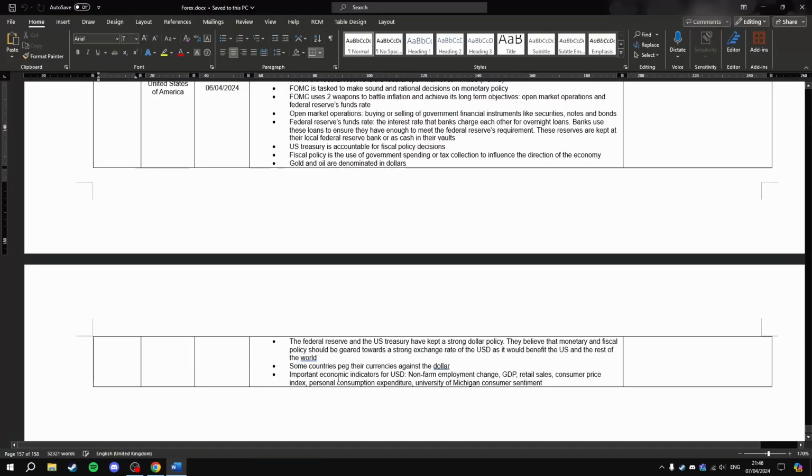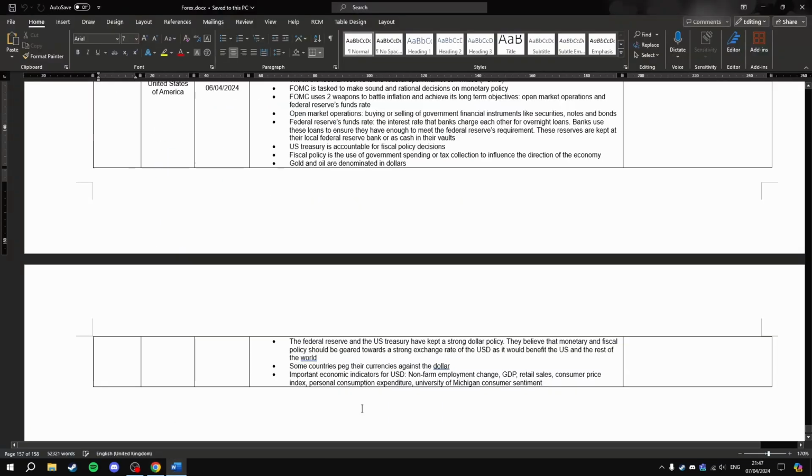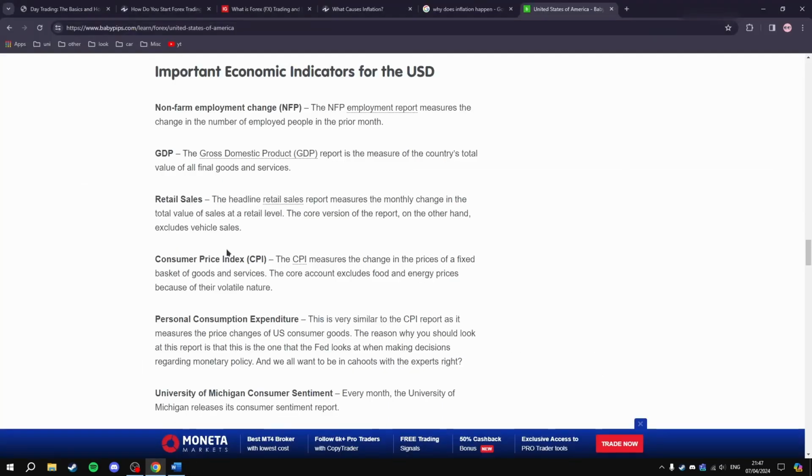I made brief headers for each of these factors or indicators, and in this episode we're going to finish going through them all and then carry on with the other countries. So let's get started. Important economic indicators for the USD.